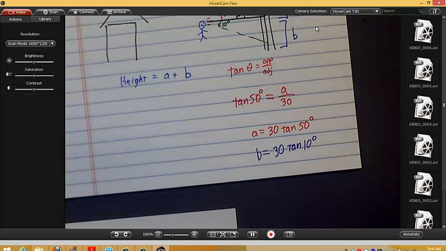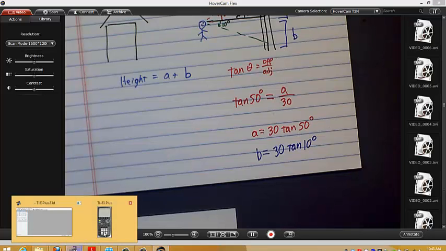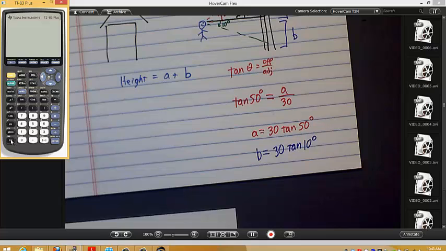Let me go ahead and get the calculator up here. Oh, wait. I better check before I start calculating trig functions. What mode are we in? Are we in degrees? Yeah, we're in degrees. Okay.